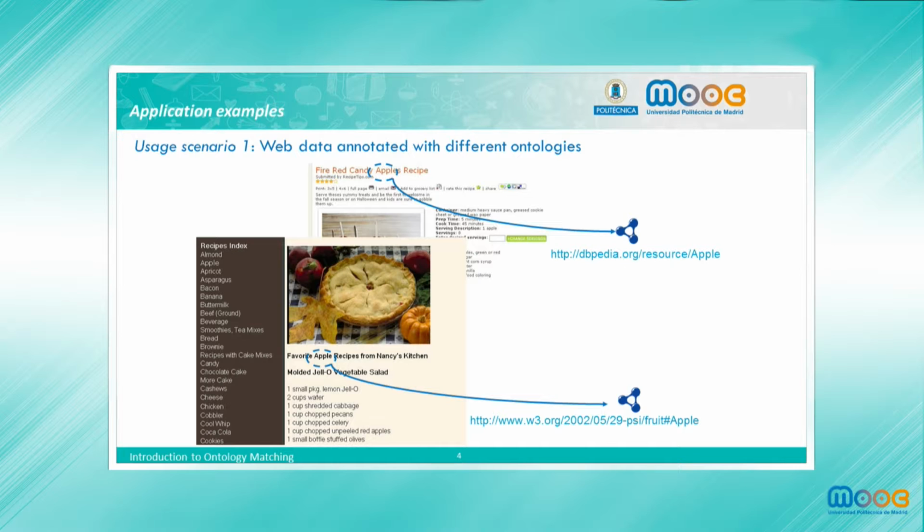If we would like to exploit such semantic annotations, for instance, for a semantic agent to automatically collect recipes containing apple, we would need to discover whether both entities refer to the same thing. To do so, ontology matching techniques might be useful.